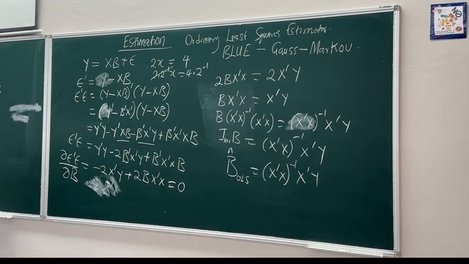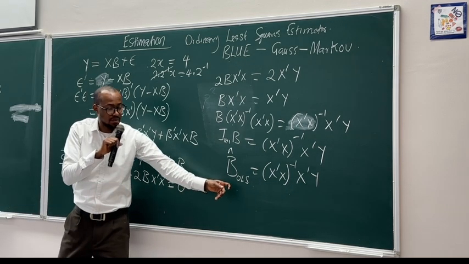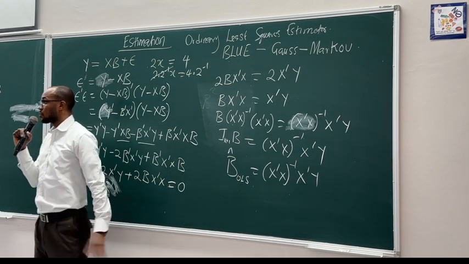That is the smallest variance. In other words, it's very efficient. That's what the Gauss-Markov theorem tells us, right? So for us to even prove the theorem, we need to find the variance and see the structure of that variance to verify whether or not it is really the minimum variance. That is the reason why we're going to find the mean and the variance of this estimator.